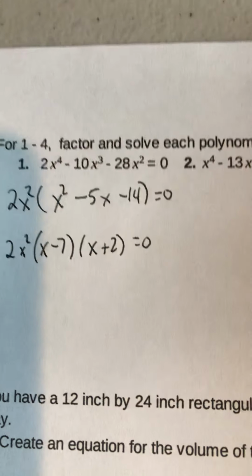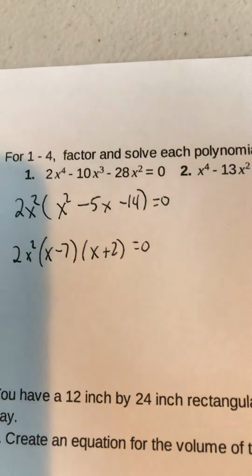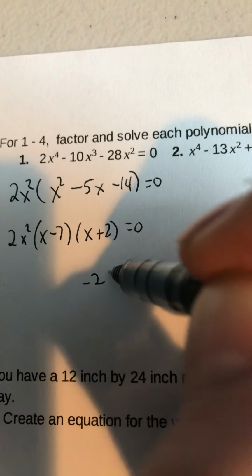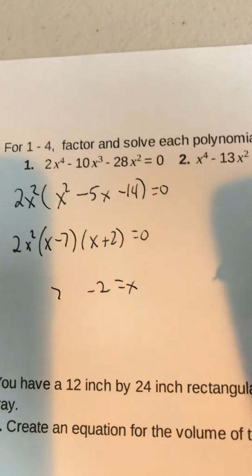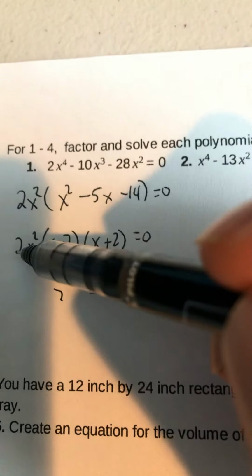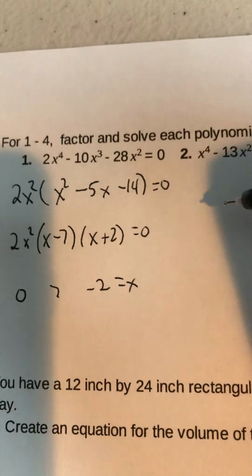And now the actual solutions. Well, if x plus 2 is the factor, what's going to make that factor 0 would be negative 2. If x minus 7 is the factor, that means positive 7. And if it's just x, there's no plus or minus anything, that means 0 is a solution.